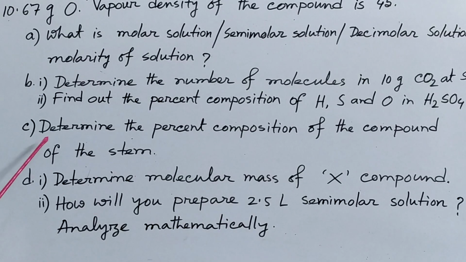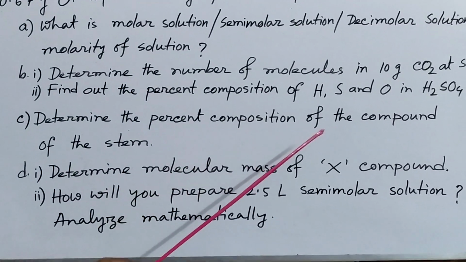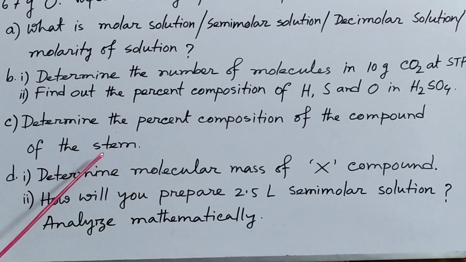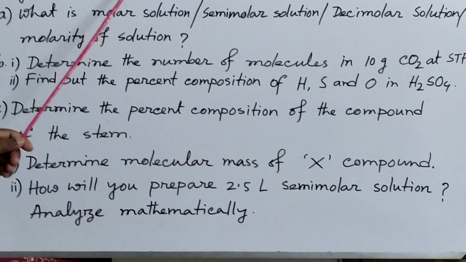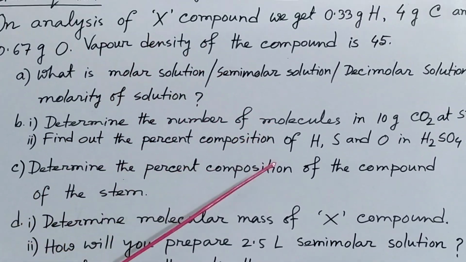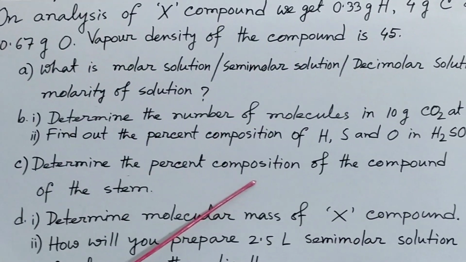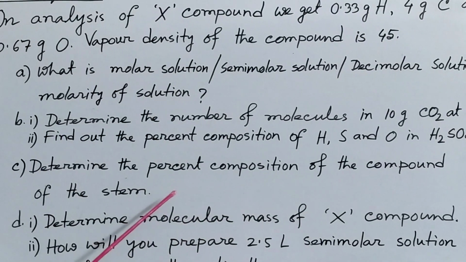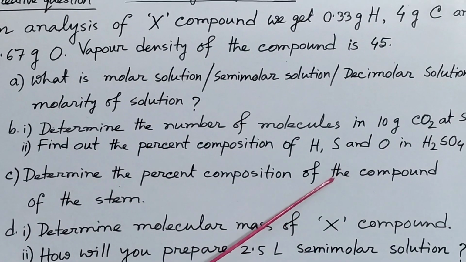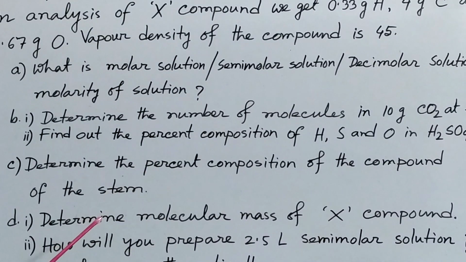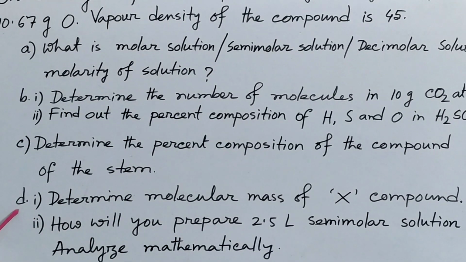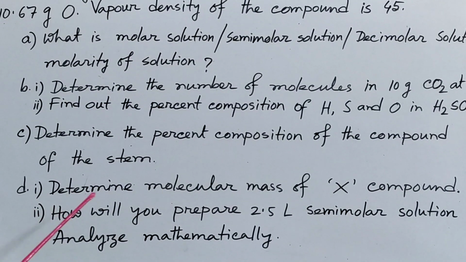Number C, I have given determine the percent composition of compound of the stem. That means in the stem the compound X is mentioned. We have to find out that percent composition. Then number D, I have also given two questions.